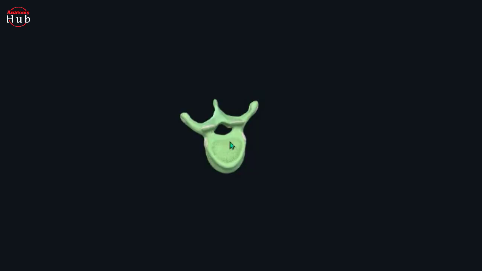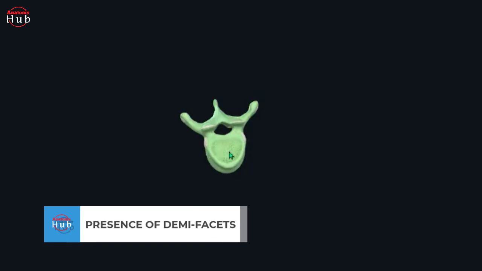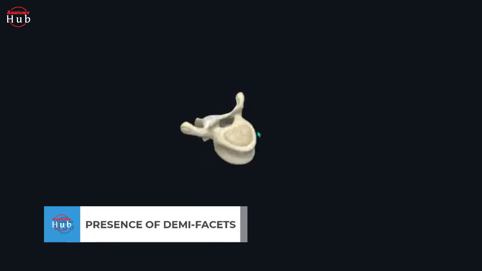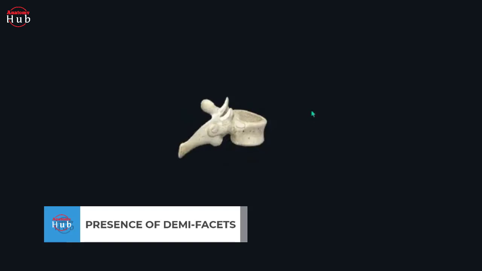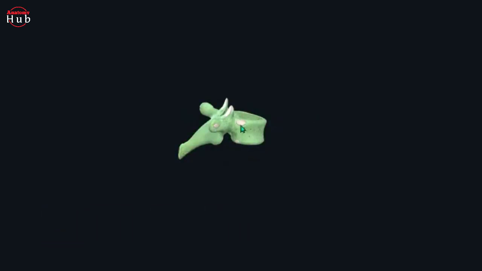And in the thoracic vertebrae you'll find the demifacet over here. Here you'll find a facet, here you'll find another facet. If you see it from the lateral side, you can see here is one demifacet. Demi means half, and facet, right?